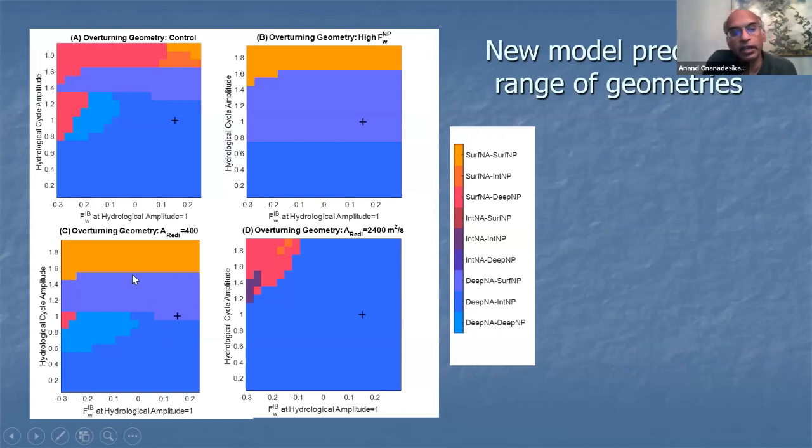And what we find is that at low mixing coefficients, we end up getting something that looks more like the high freshwater flux case, where at current levels, basically what happens is you move from a state where the overturning is off in the Pacific to one where it turns off in the Atlantic as well.